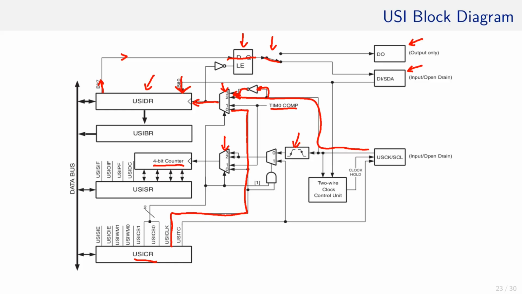We have not talked about this block. This 2-wire control block can detect start conditions in case the ATtiny functions as an I2C slave and can issue an interrupt if the start condition has been detected. For now, I will omit going through the meaning of all bits for the control and status register.